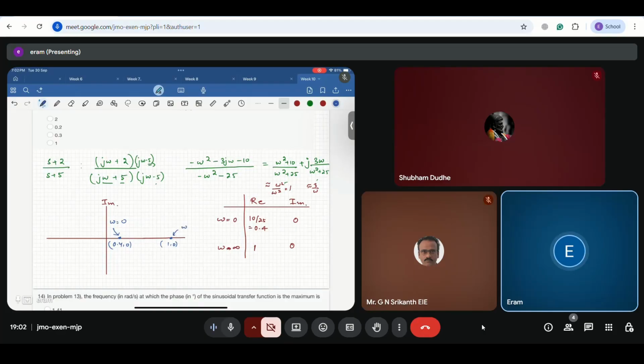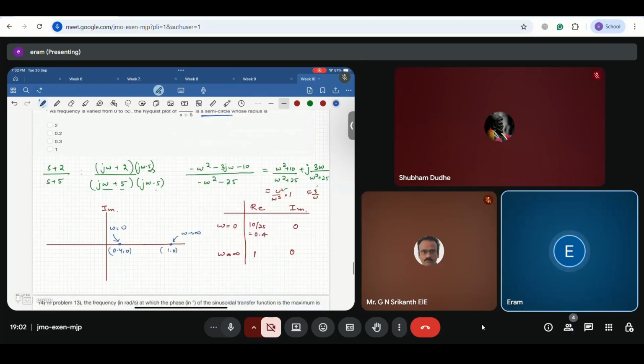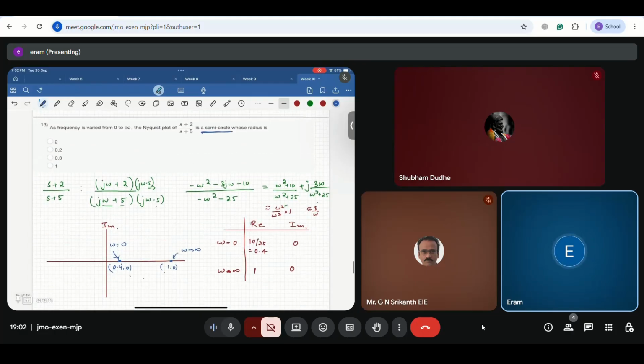It is given that we have a semicircle, so the circle can go like this or like this. If ω is varied from 0 to infinity, the imaginary part is always positive, so the semicircle will form like this because we have to keep the imaginary part positive.